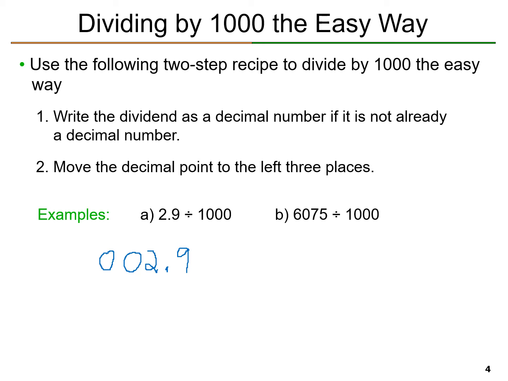So in step 2, move the decimal point to the left 3 places: 1, 2, 3. So we're going to put the decimal point right here. So write the decimal point down, then 0, 0, 2, 9. And again, it's best practice to put a 0 in front of the decimal point. So 2.9 divided by 1,000 is equal to 0.0029.